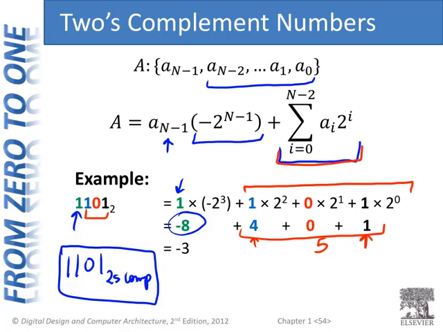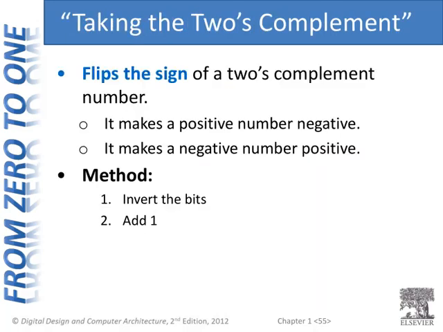Okay, now I'm going to show you another way to figure out that this is in fact the 2's complement representation of minus 3. And this is useful for larger numbers of bits. This process is called taking the 2's complement. So this is separate from the 2's complement representation.